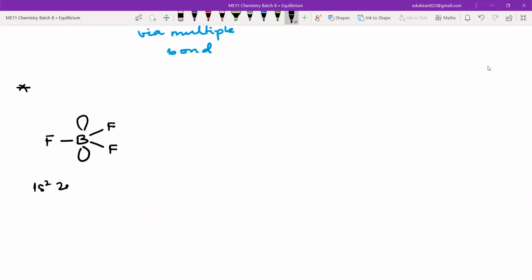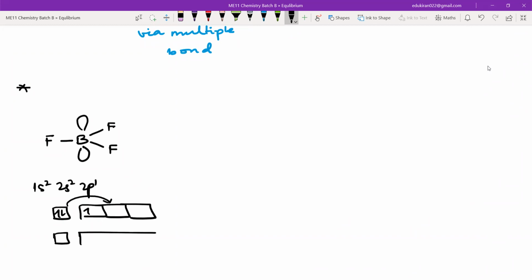Because it is 1s2, 2s2, 2p1. Promotion of electron. So there will be a bond with fluorine here, here, and here. This is going to be empty.